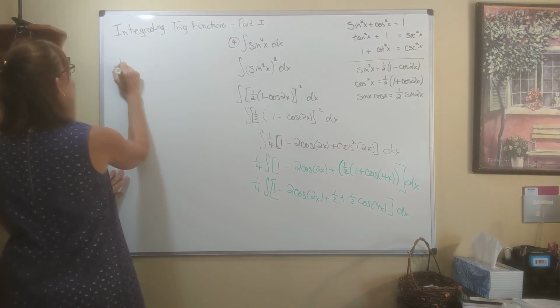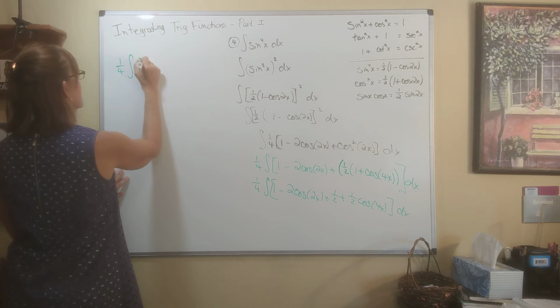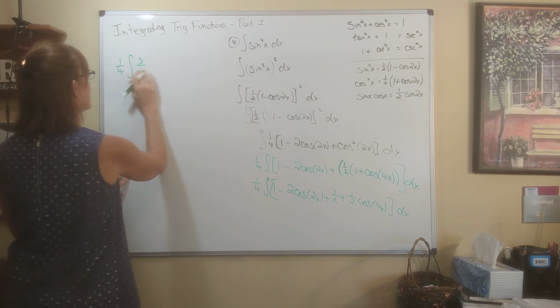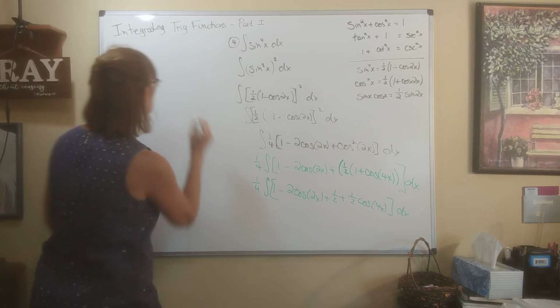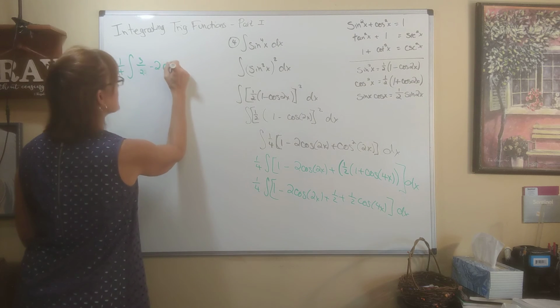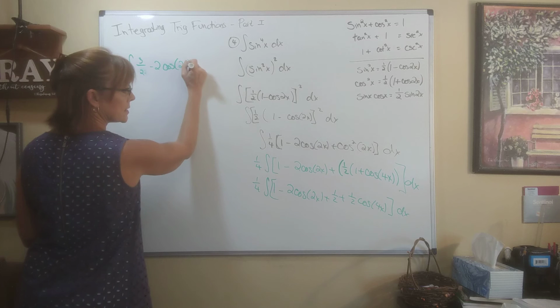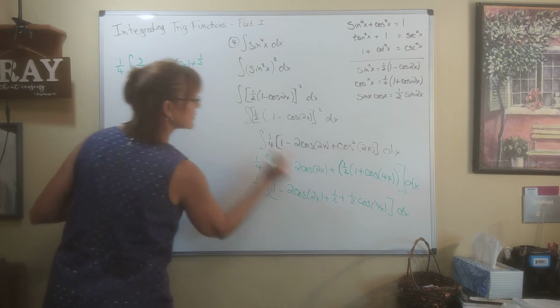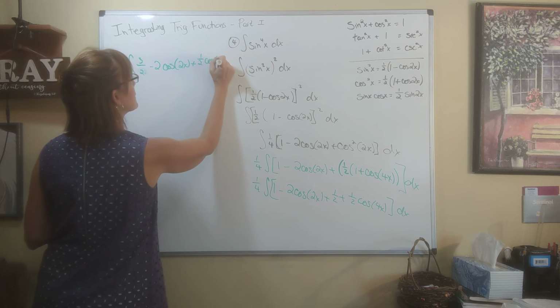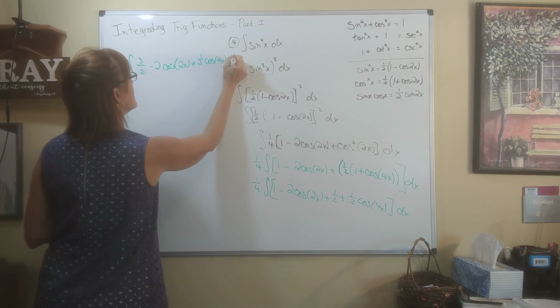So this is the 1/4 on the outside. This is the number 3/2. I just added this plus this together. Then I have minus 2 cosine of 2x plus 1/2 cosine 4x, dx. Yay.